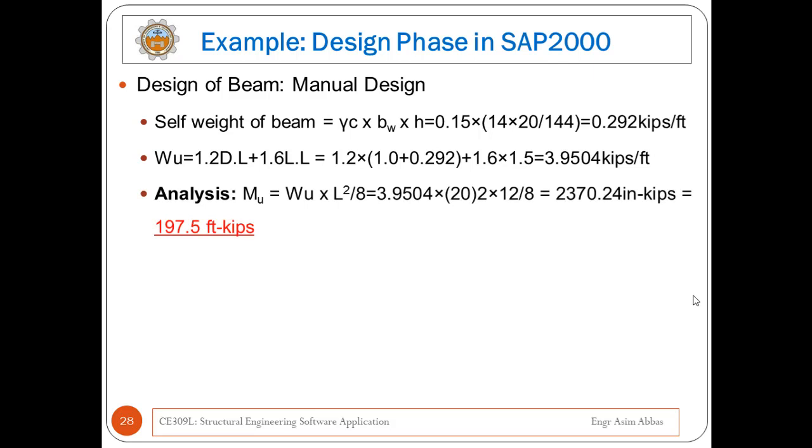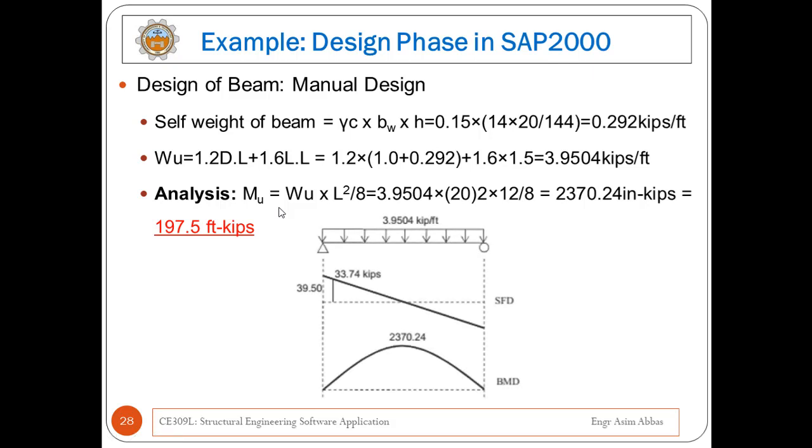So the total load of 3.95 kip per foot is applied on the beam uniformly. Then I will analyze the beam for the bending moment and the shear force. The maximum bending moment is at the center and its value is 2370.24 inch-kip or 197.5 kip-foot.